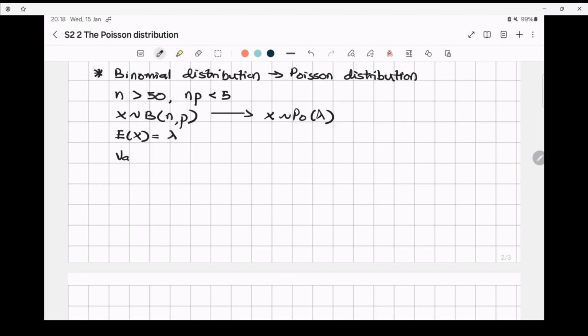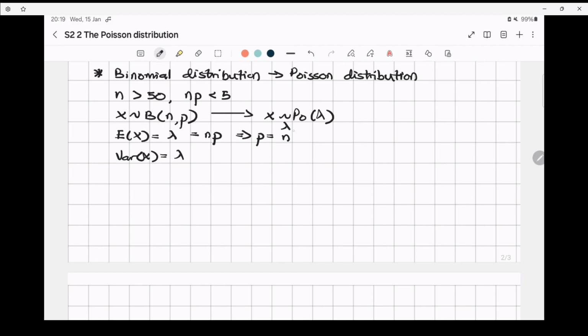The variance of X has to also be lambda. So from the left side, your E(X) is given by the equation n multiplied with p. So this means that your p will be equal to lambda divided by n.